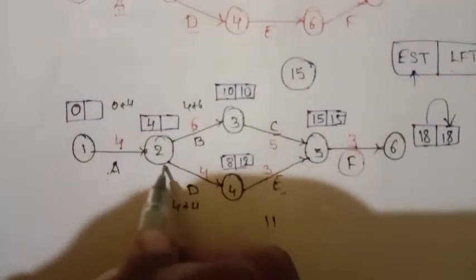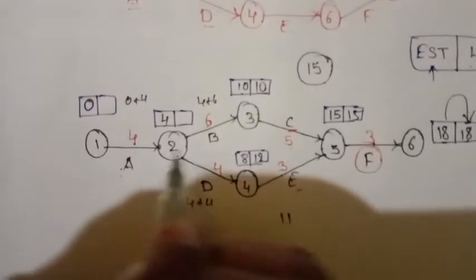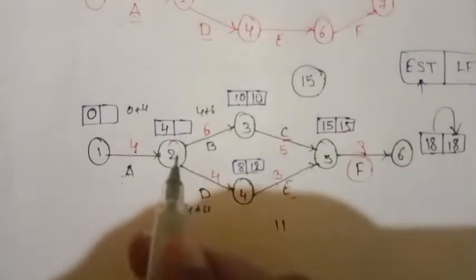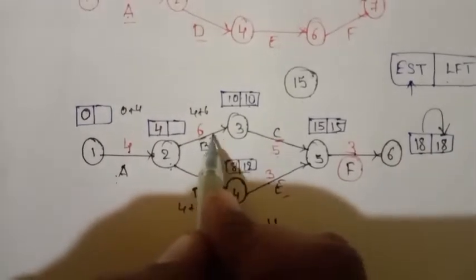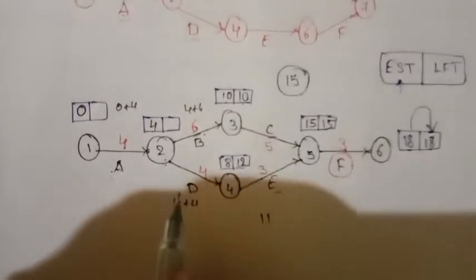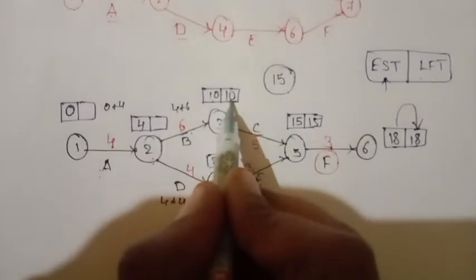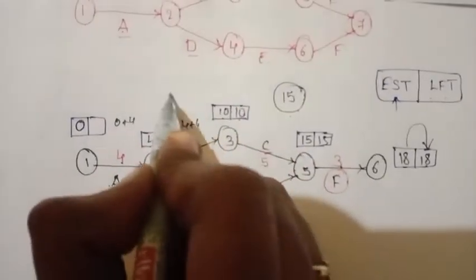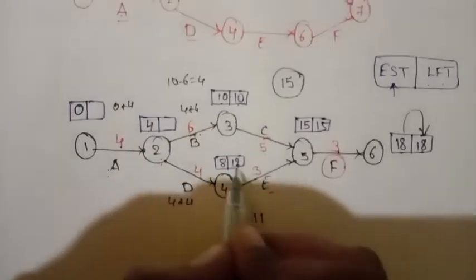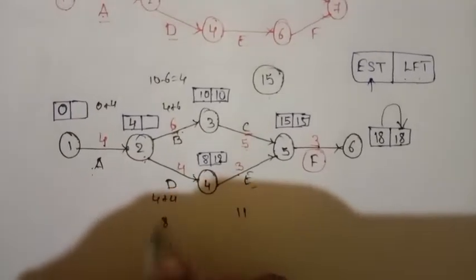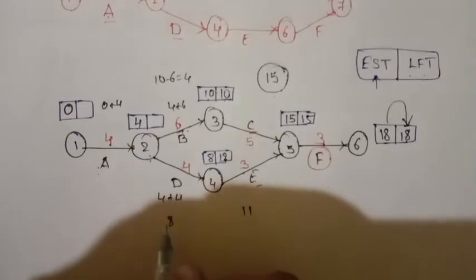Now again you have got an intersection. At this intersection you are going to take the minimum value after reducing the value of the activity. 10 minus 6 is 4, and 12 minus 4 is 8.